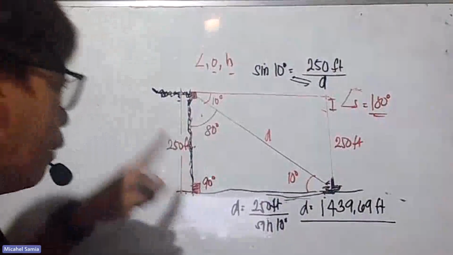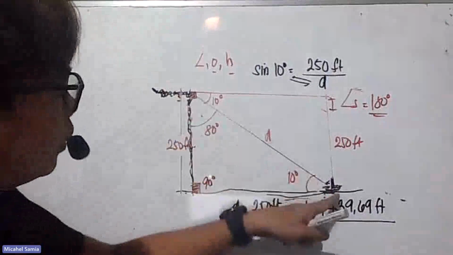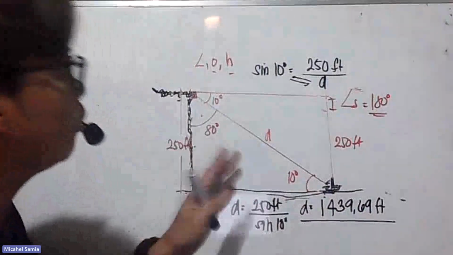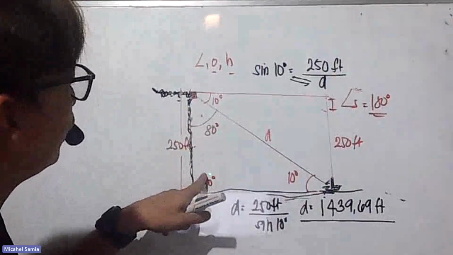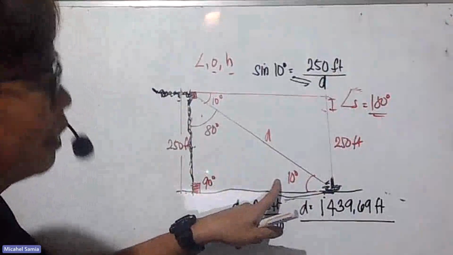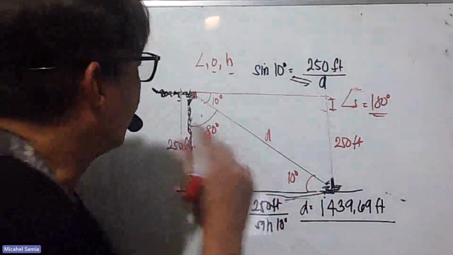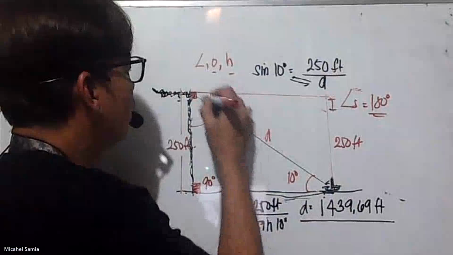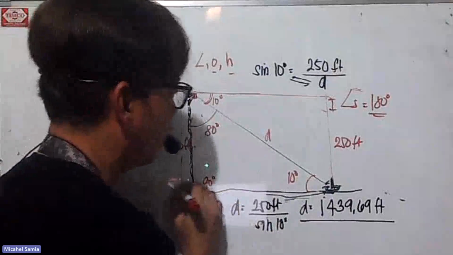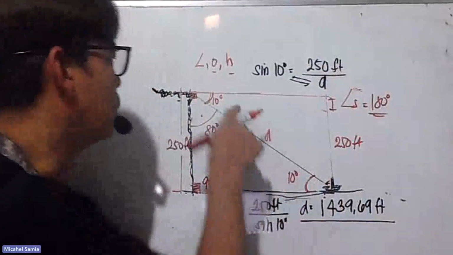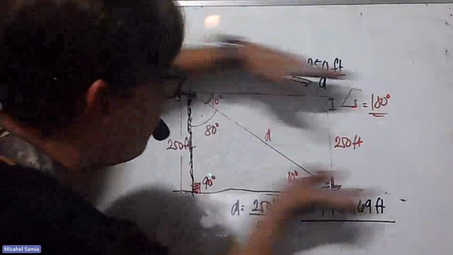The sum of the internal angles of a triangle is 180, so you have 170 there and only 10 left at the bottom. Or we can say that your depression is equal to your elevation, because the two lines are parallel. So if that is 10, this is 10, because your reference is a parallel line.